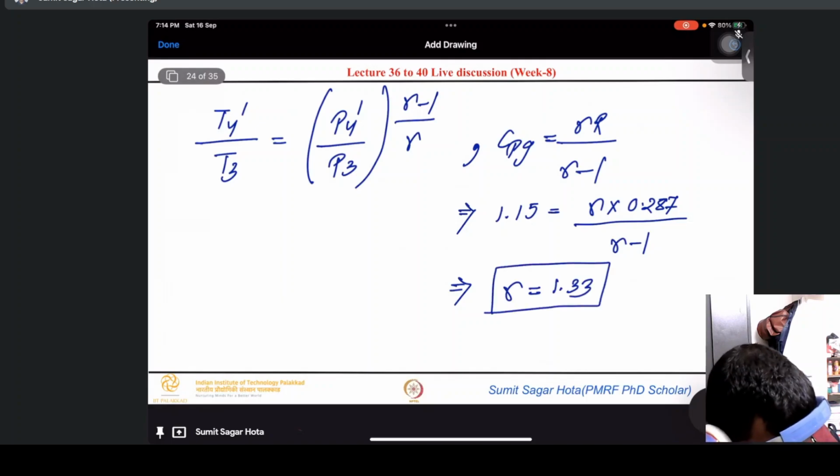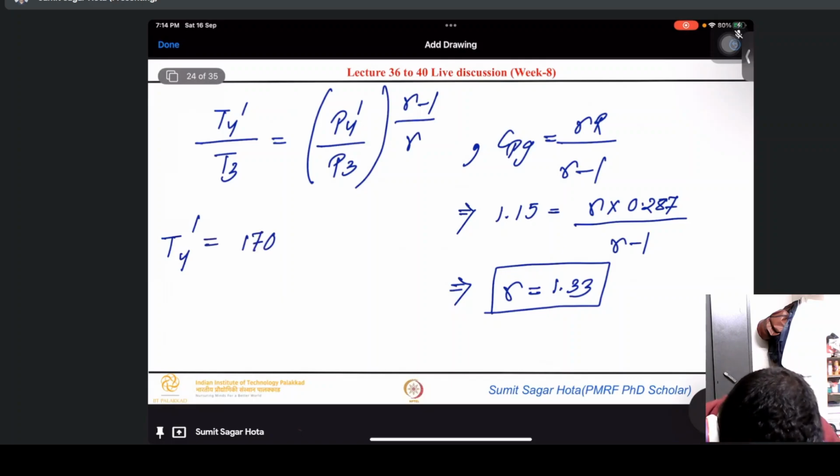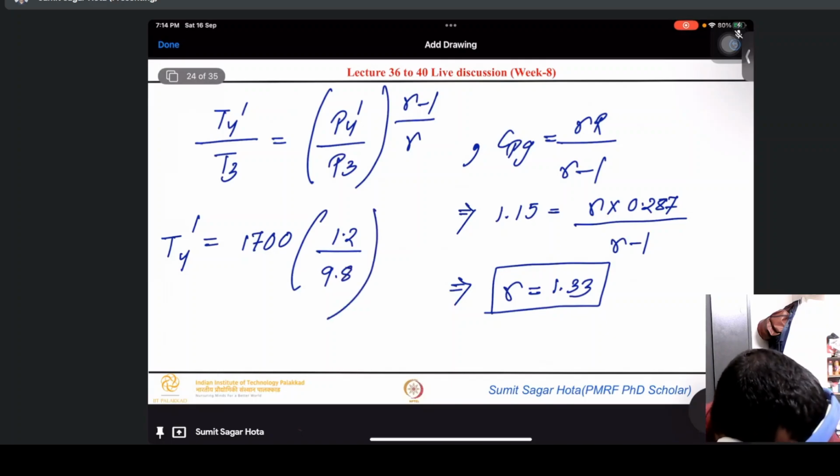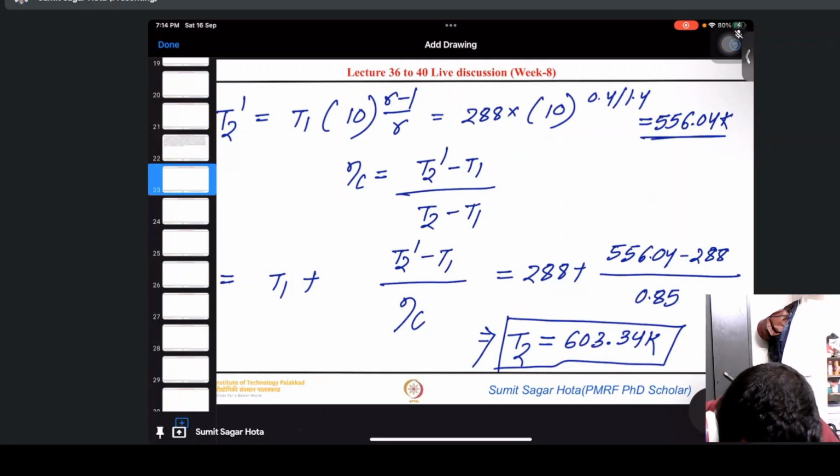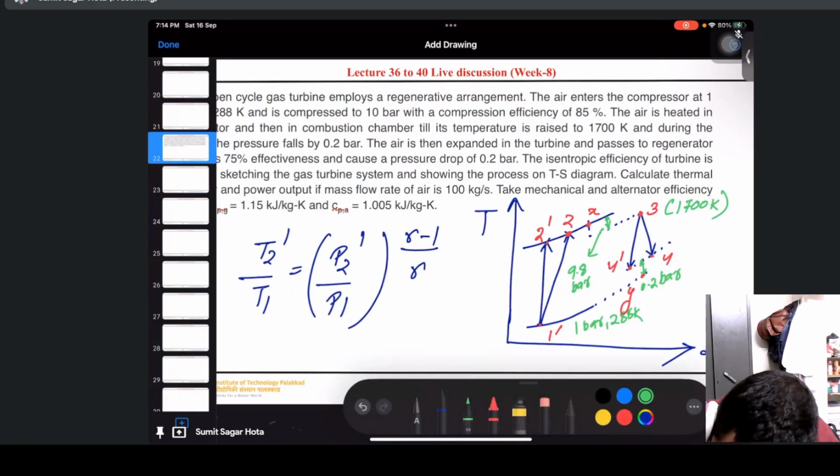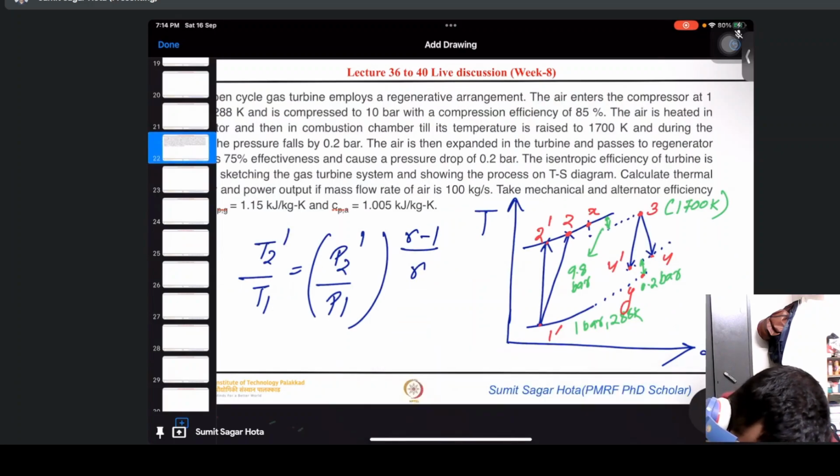Okay, so now T4 dash. P4 dash is your 1.2, P3 is your 9.8. Okay, you can mention here P4 dash. Okay, this is your 1.2 bar.